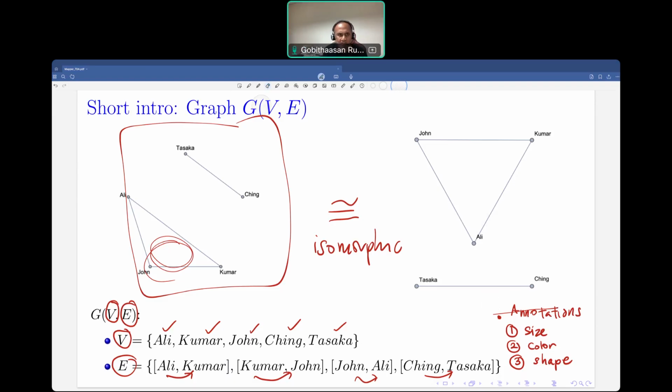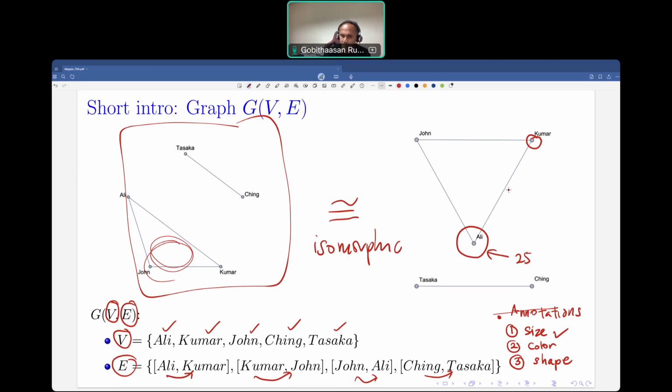So the annotation can be, for example, the size. Maybe I want to increase the size to represent the age of the student. For example, Ali is very old, so I increase the size to represent, maybe, 55 years old. Whereas Kumar is, let's say, 15 years old, so I represent him with a smaller diameter circle.